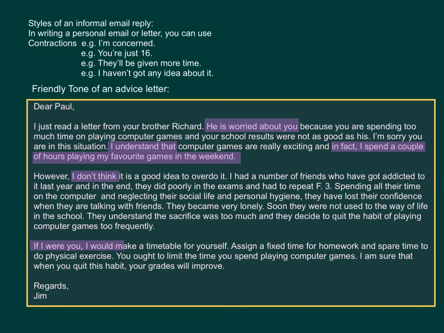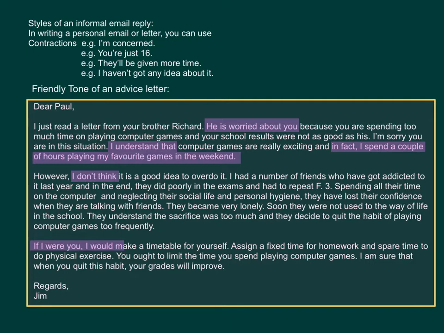I understand that computer games are really exciting and, in fact, I spent a couple of hours playing my favorite games this weekend. However, I don't think it is a good idea to overdo it.